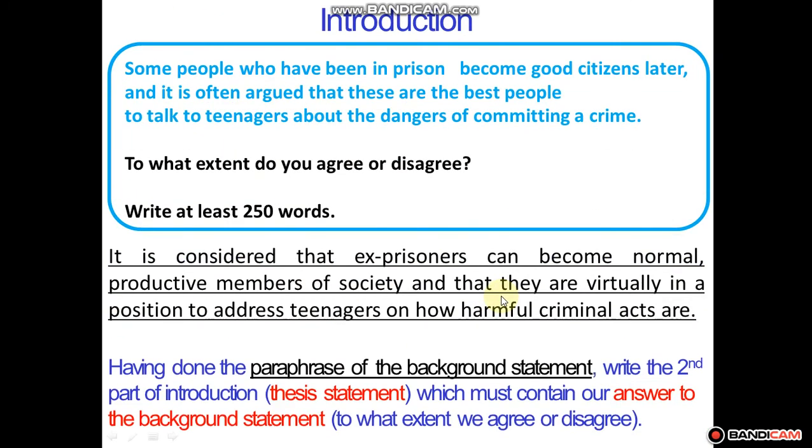Now this is how it looks, as you can see in black color here. Having done the paraphrase of the background statement, write the second part of the introduction, that is known as the thesis statement, which must contain our answer to the background statement, where we show to what extent we agree or disagree.